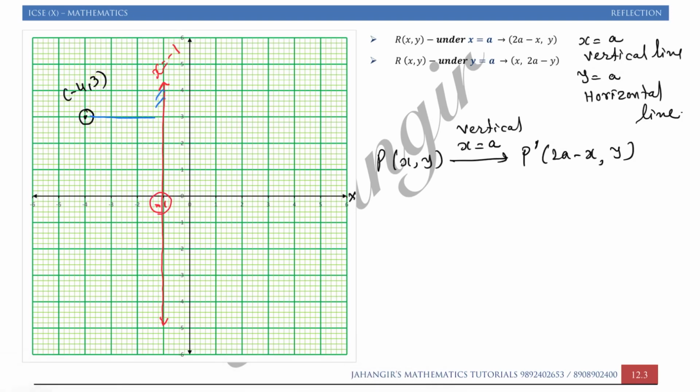Reflection means if this is a mirror line, this is the mirror line, so its distance is what? Its distance is 3. See, -4 to -1 is 3. So I will just go 3 units forward over here. So my reflection will be this point. So it will give you (2, 3). But how can we do that by formula? If, let's say, P (-4, 3) is reflected in x = -1, then what is its x coordinate?